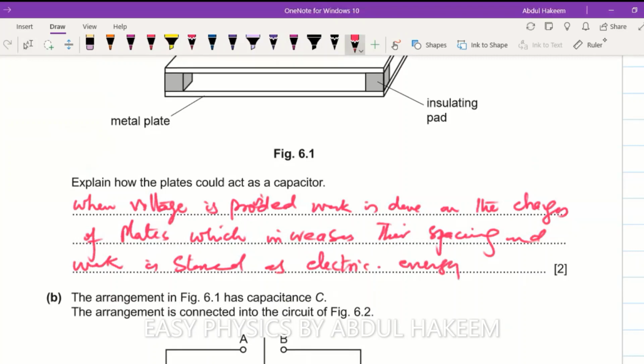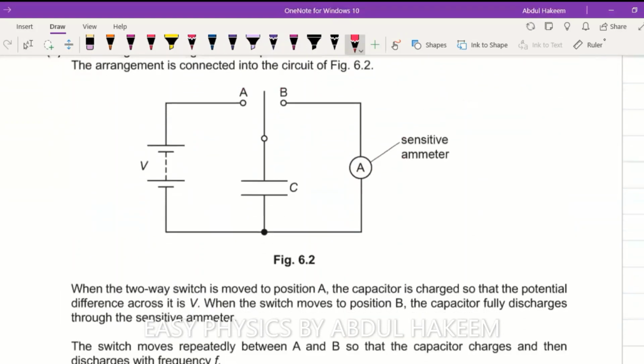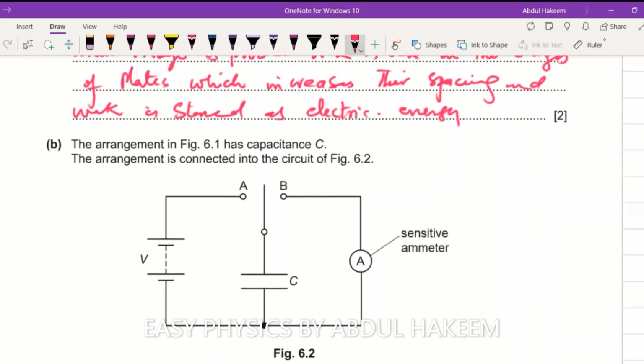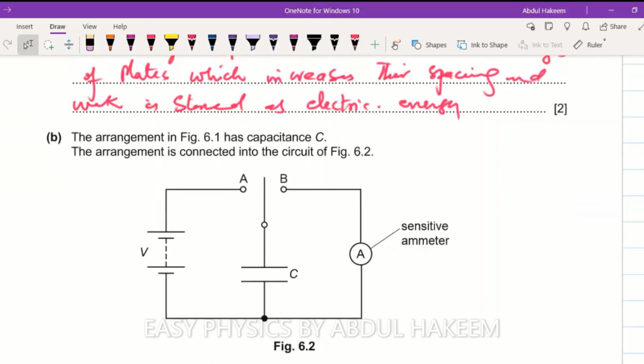So this is the answer: work is done, separation increases, and the work is stored as energy, so it behaves like a capacitor.